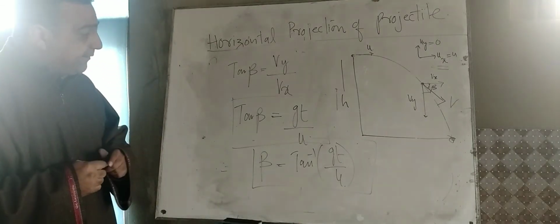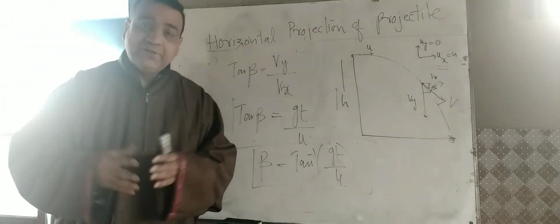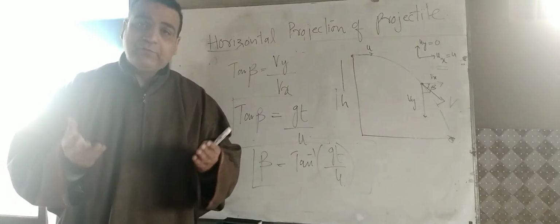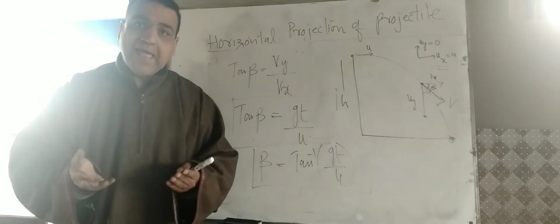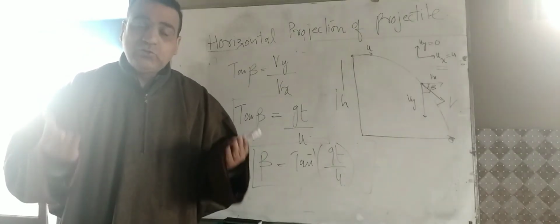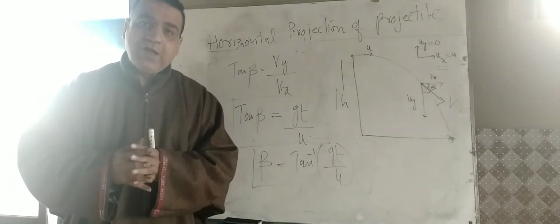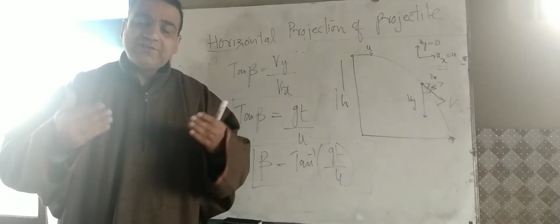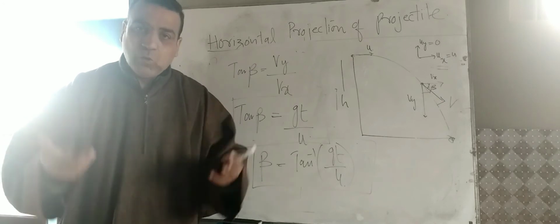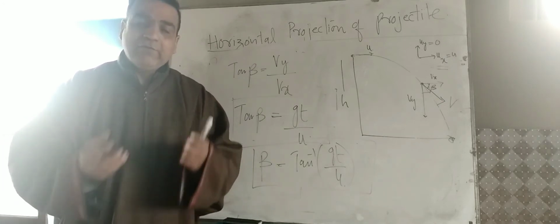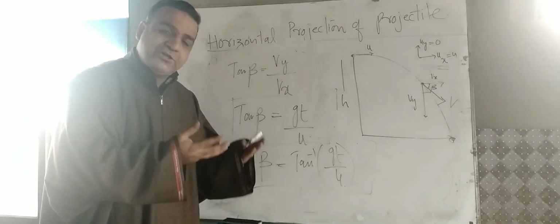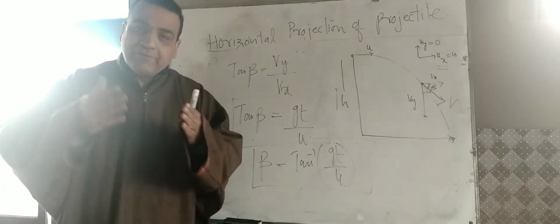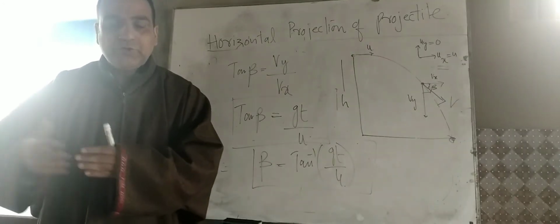So what have we done? We have discussed what a projectile motion is. We started with the concept of two-dimensional motion. We found that projectile motion is a two-dimensional motion. Then we said that a two-dimensional motion is equivalent to two one-dimensional motions. Then we tried to learn the dynamics of projectile motion, and we observed that there is only vertical acceleration in projectile motion.